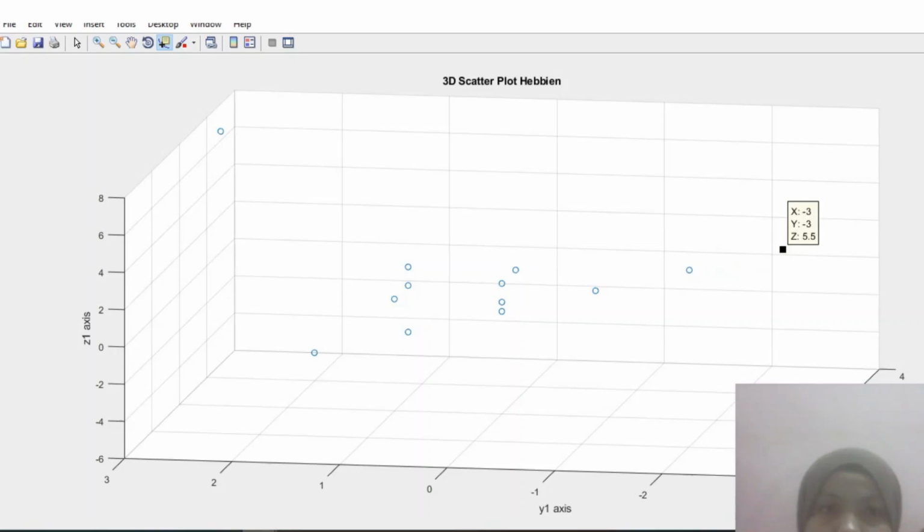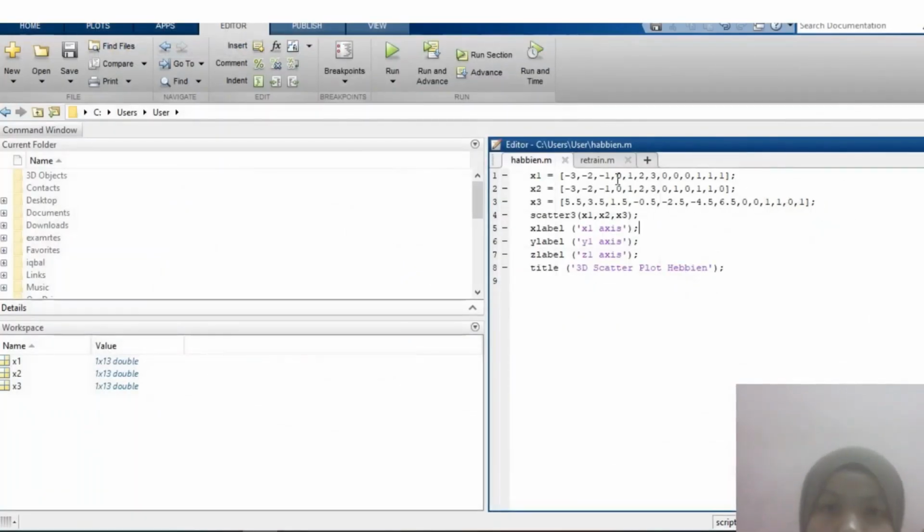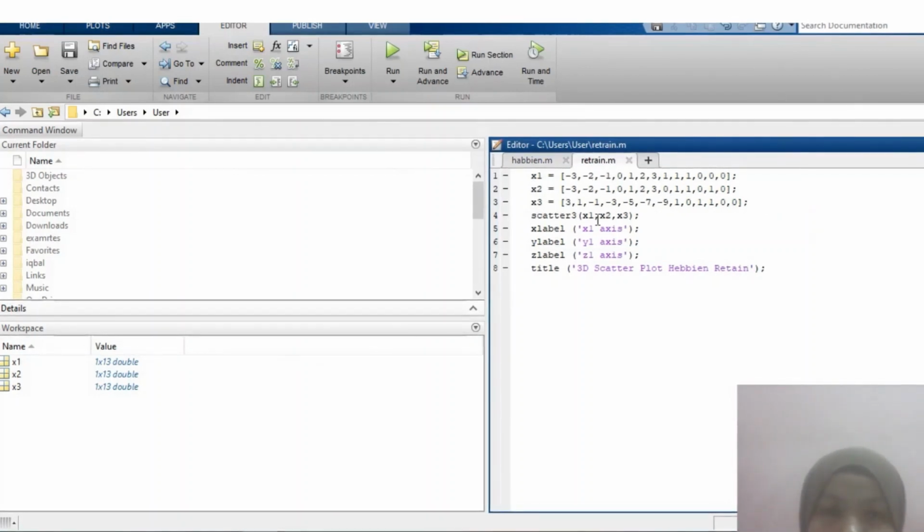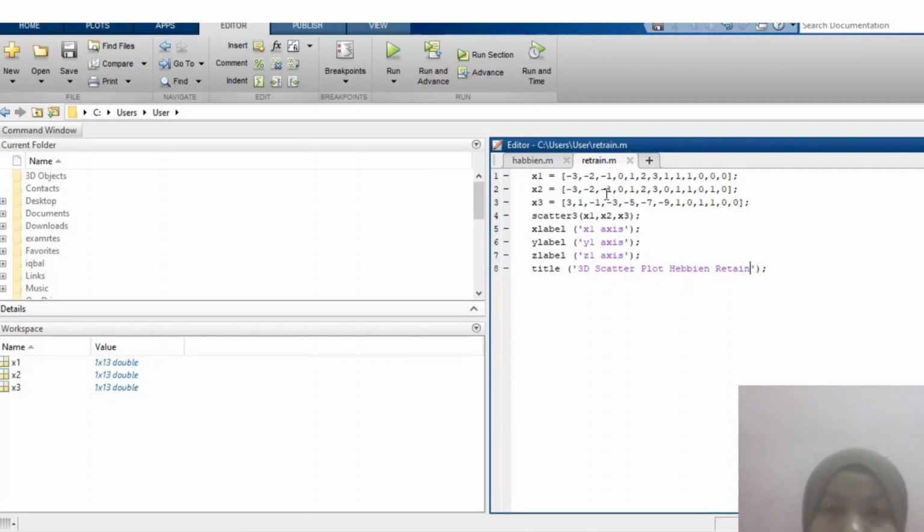This is about Hebbian, and for retrain Hebbian, we calculate a new value based on the top to bottom value.